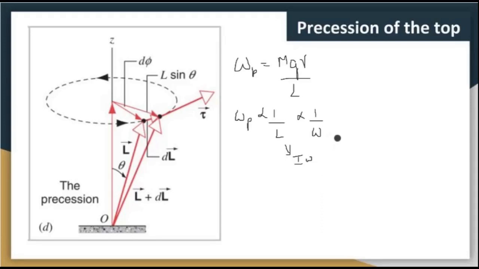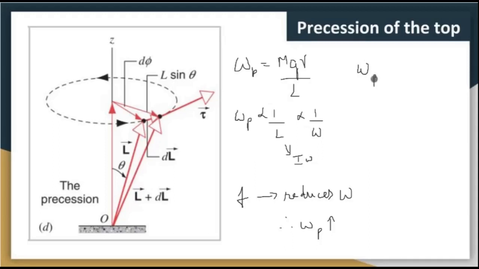So the faster the top spins, the slower it will precess. The frictional force will slow down the spinning of the top. That is, due to friction, the rotational angular speed will decrease. So in turn, my omega p, that is my precessional speed, will increase.